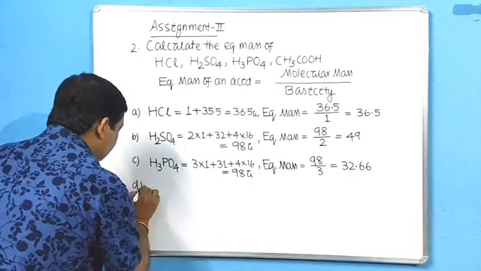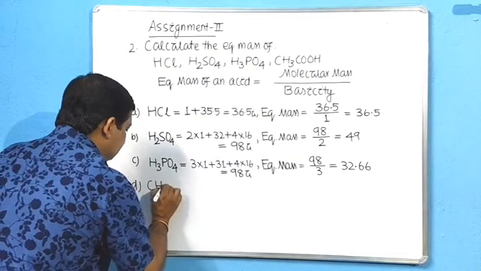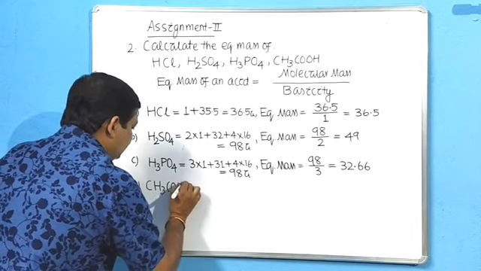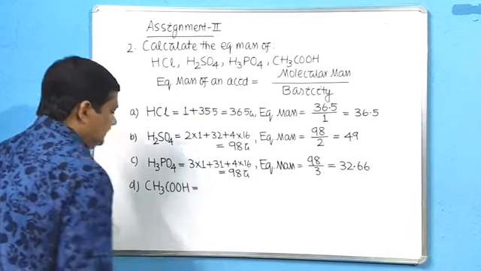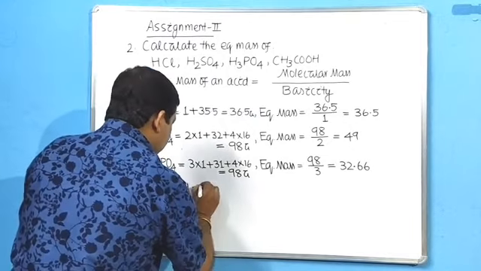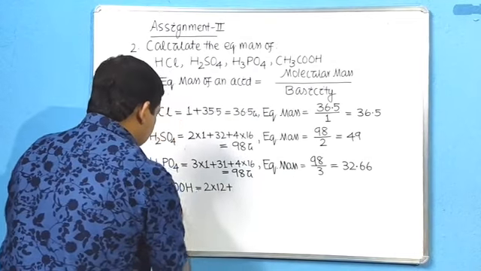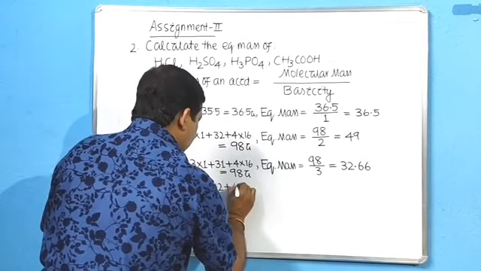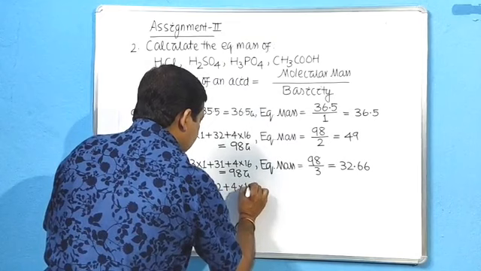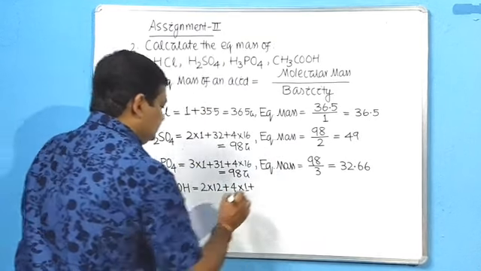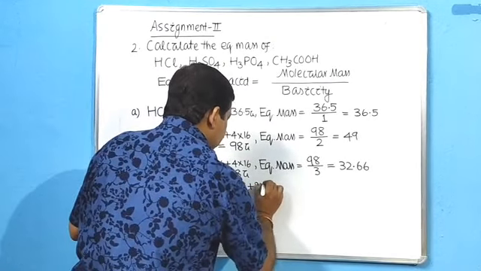Then last one, acetic acid, CH3COOH. Let us calculate the molecular mass. 2 carbons, so 2 into 12, plus 4 hydrogens, 4 into 1, plus 2 oxygens, so 2 into 16.